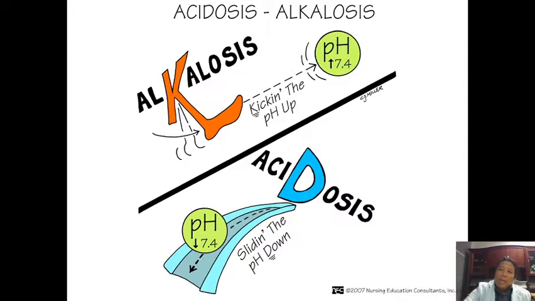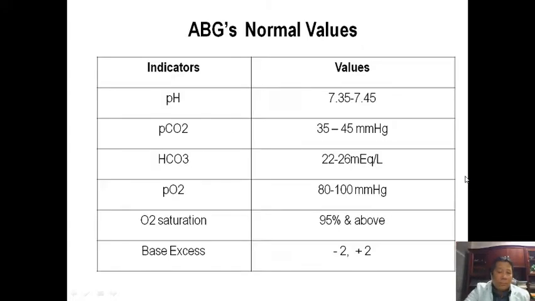So any blood pH higher than 7.45 indicates alkalosis, and any blood pH lower than 7.35 indicates acidosis. These are some of the normal values that you need to remember if you're trying to interpret normal acid-base values or arterial blood gases.